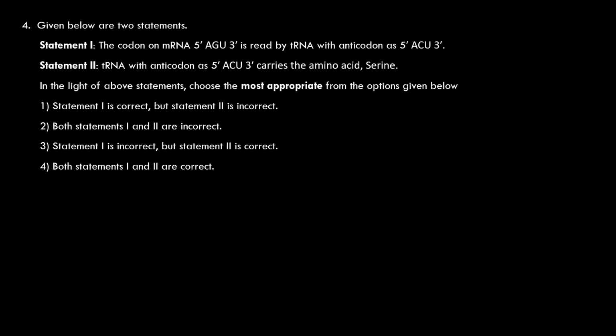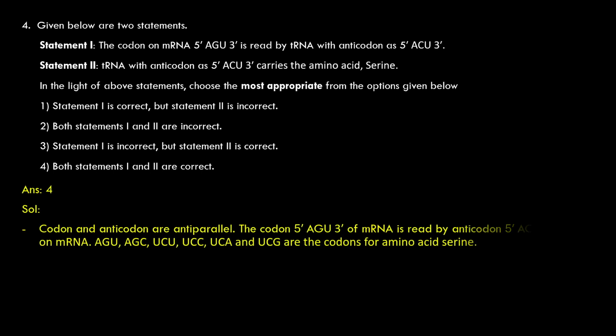Besides AGU, there is also the codon AGC. The transfer RNA with the anticodon 5' ACU 3' carries serine, absolutely. Statement 1 and statement 2 are correct. The fourth option must be the correct one, yes.